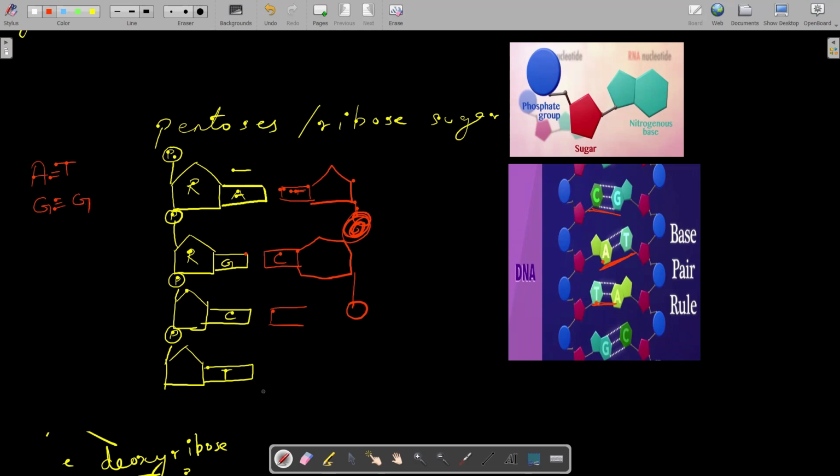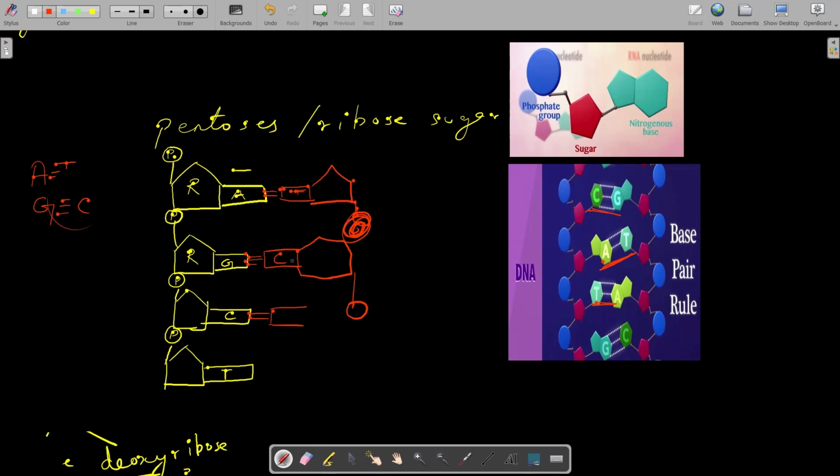And the bonds that you see in between are hydrogen bonds. Here you have a double hydrogen bond, here you have a triple hydrogen bond, double, and it goes on.